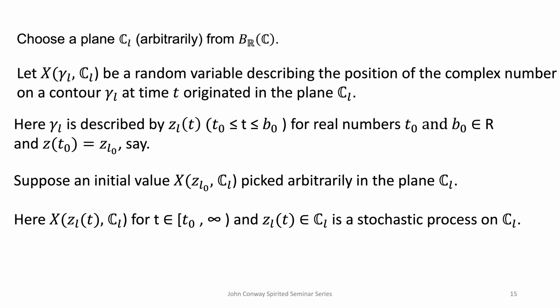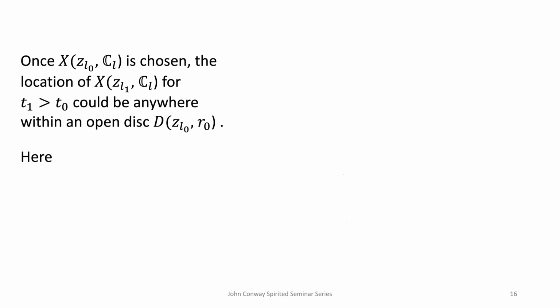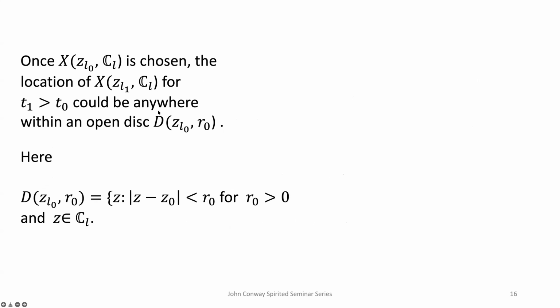First step, we pick a random number, a complex number here, arbitrarily, as the first value, and we draw a disk. Once we pick the initial value, we draw a disk with a radius R0. Second step, we pick R0, the radius around the initial value, and then draw a disk.